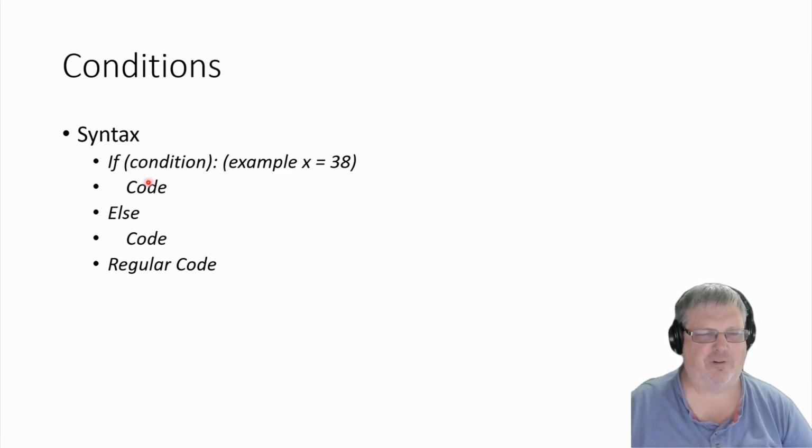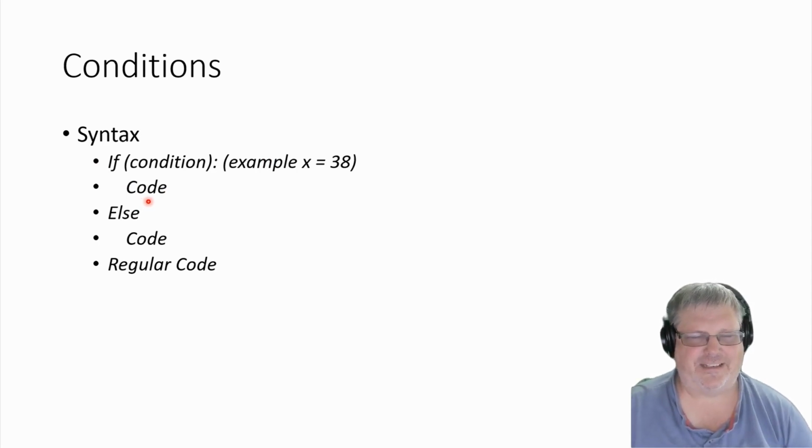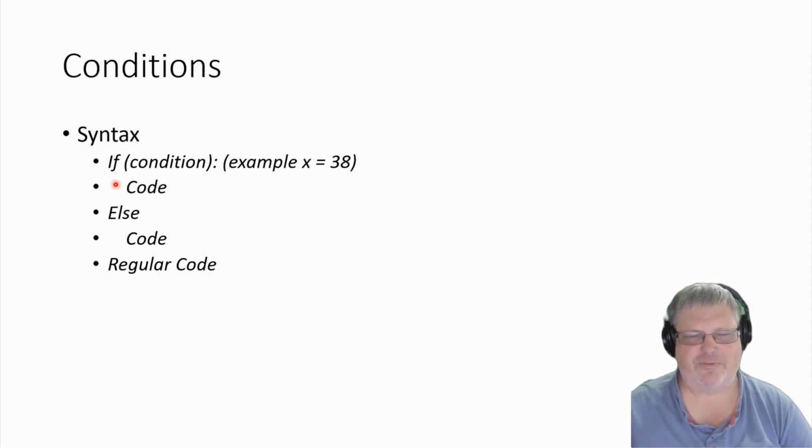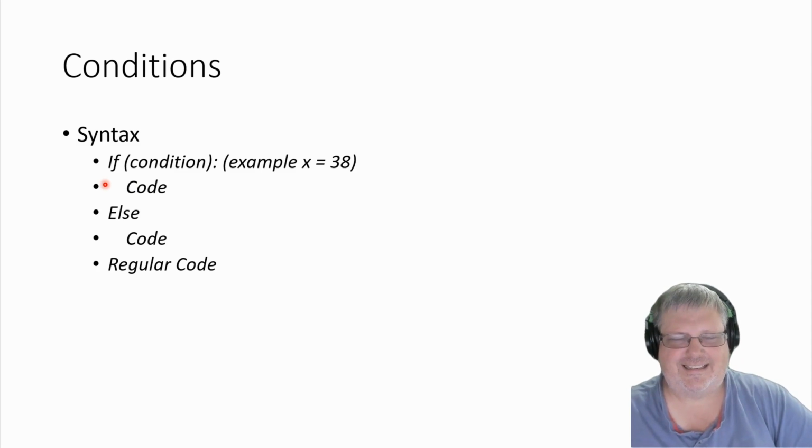Then you'd have a colon, then enter, and in most visual editors such as Visual Studio Code, Atom, Idle, and others, most of the time it will automatically indent the line 4 spaces because that's what the Python syntax states. And then you write the code that happens if this condition is true.